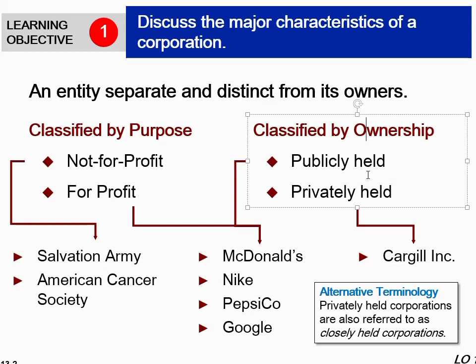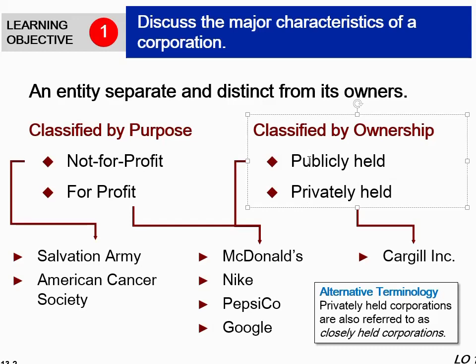They have purchased a part of the ownership, and they are known as owners, or in common wording, we use the word shareholders for them. Whereas privately held organizations, their owners are some private investors. They are not open for the general public to own. And we also call them closely held corporations. Another name for privately held corporations is closely held corporation.